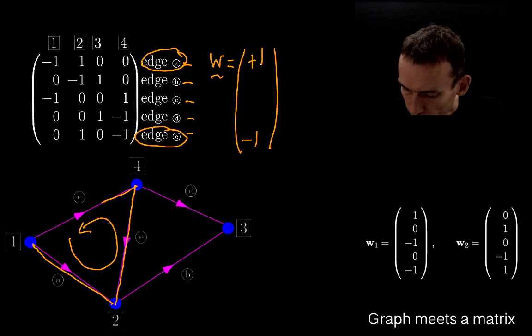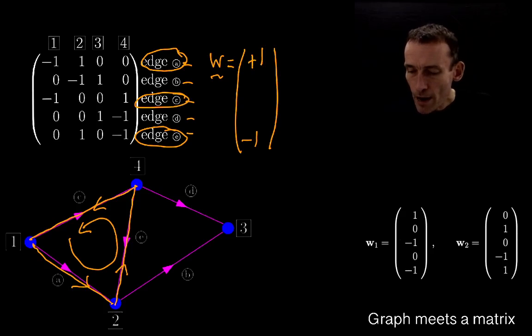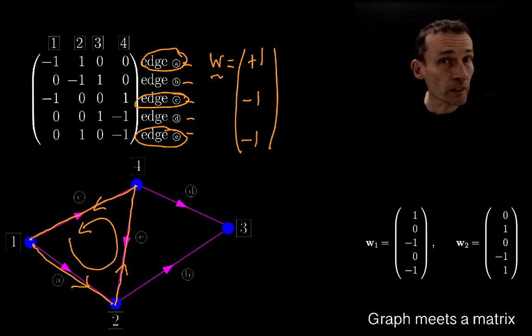And then finally, to complete this loop, I'm going to go along here. So let me just show you what loop I'm going. I go along the edge C, which corresponds to my middle row, and I'm going to go along that in the negative direction. And as for B and D, edges B and D, I don't go near those in this loop. Okay.